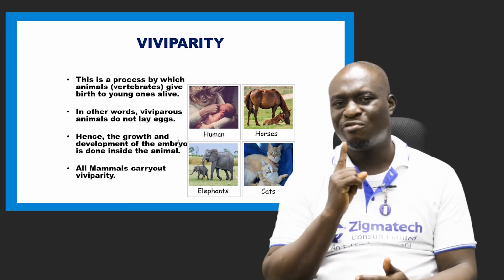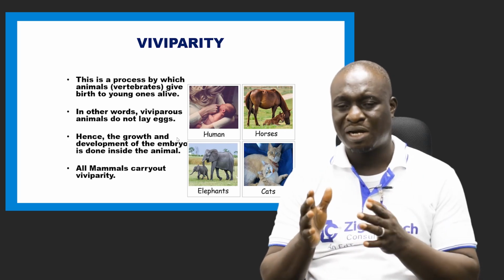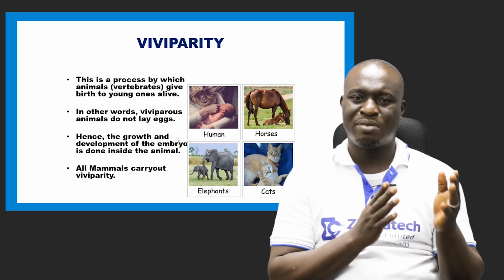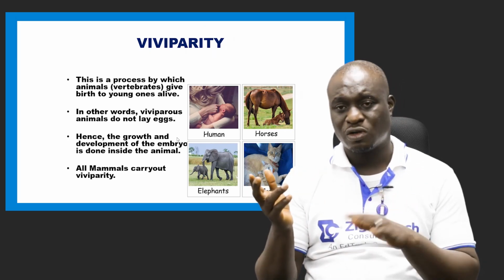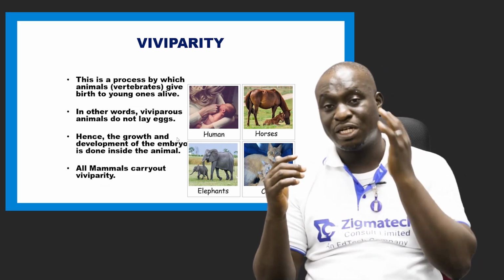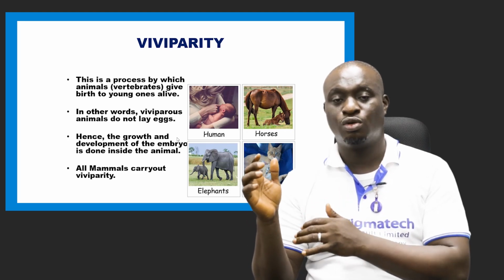Now, that's a major difference between oviparity and viviparity. I've given you two differences. In oviparity, eggs are laid. In viviparity, eggs are not laid. The third is that in oviparity, the young ones are not given birth to alive, but in viviparity, new individuals are given birth to alive.